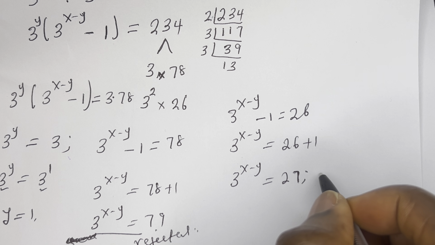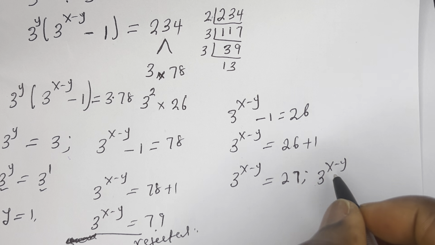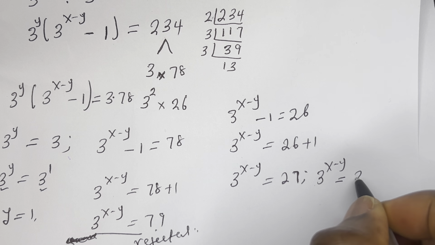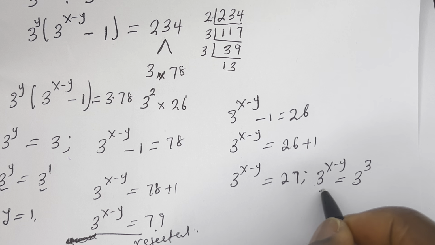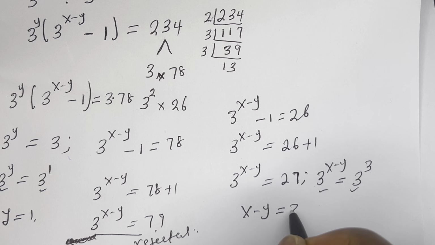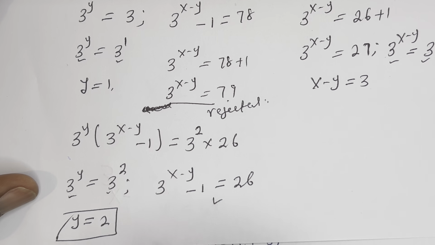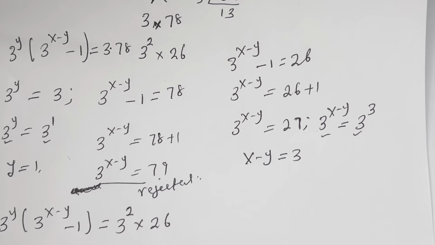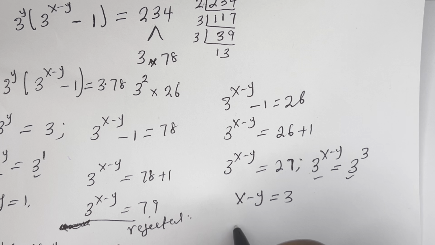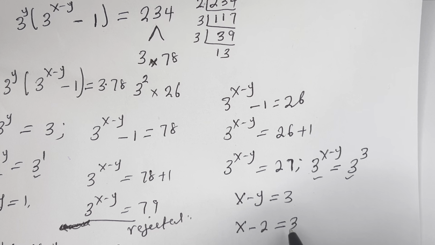Then 3 to the power of x minus y is equal to 27, which is 3 to the power of 3. They have the same base. X minus y is equal to 3. Now, but we know that here y is equal to 2. Then x minus 2 is equal to 3.